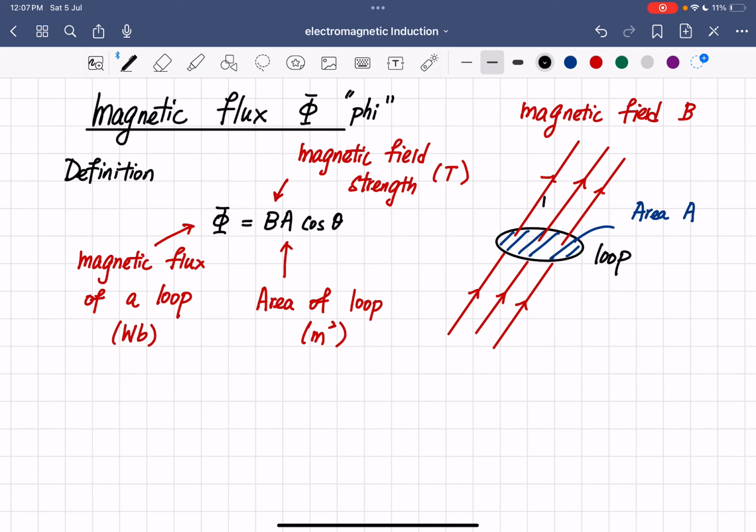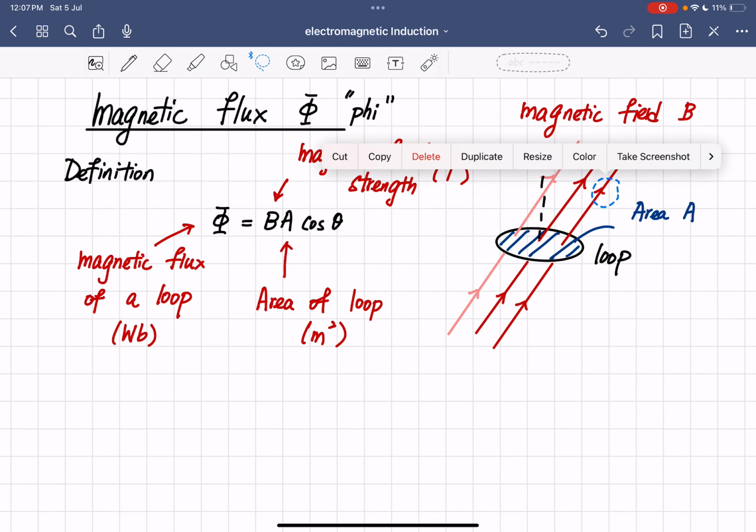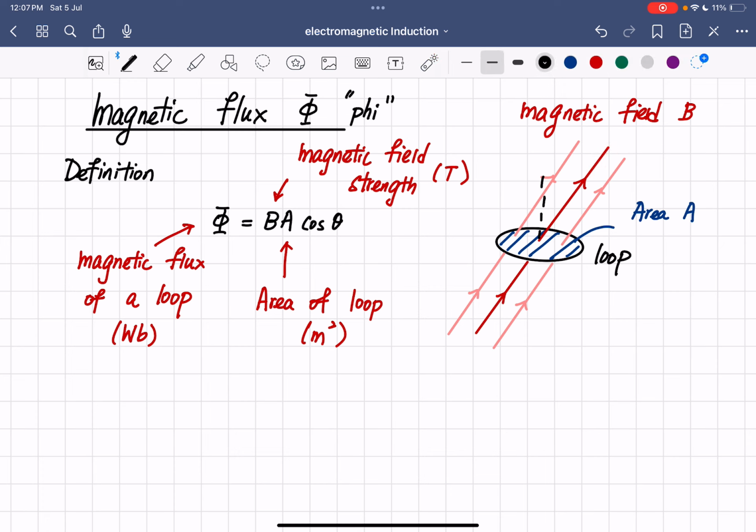So I've got an area here, and then we've got a normal. We are talking about the angle between the normal of the area and the magnetic field lines, just like what we did in the past, where the angle is measured between the ray and the normal of the boundary. So this is the corresponding theta.